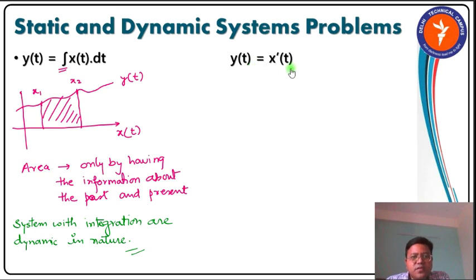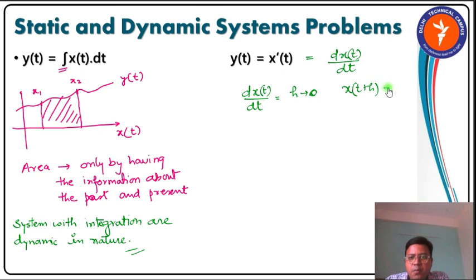So let us now discuss this. Here in the system we have y of t equal to x dash t, where x dash means the derivative of x of t with respect to time. To calculate the derivative dx(t)/dt, I need, when h tends to 0, x of t plus h minus x of t divided by h.